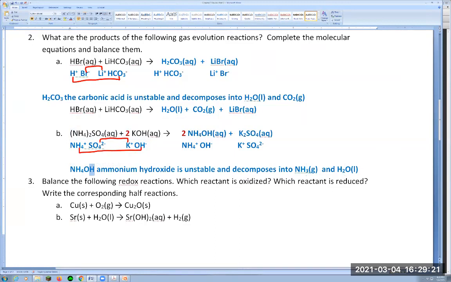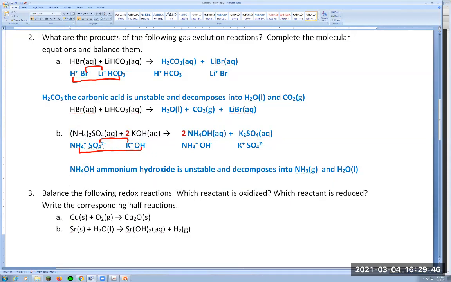And if you count, you have 3 hydrogens in the ammonia, 2 hydrogens in the water, that's 5. And then 1 oxygen in the water. So 1 ammonium hydroxide will make 1 molecule of ammonia and 1 molecule of water. So then we need to rewrite this, taking into account that it's not stable, and what you get is not this after a while.